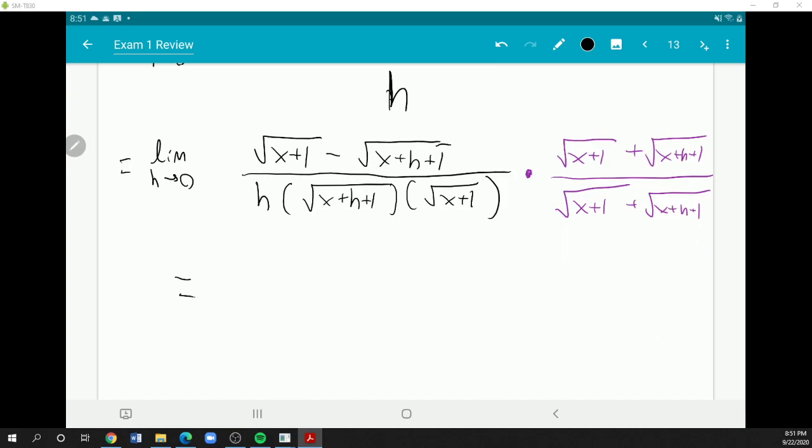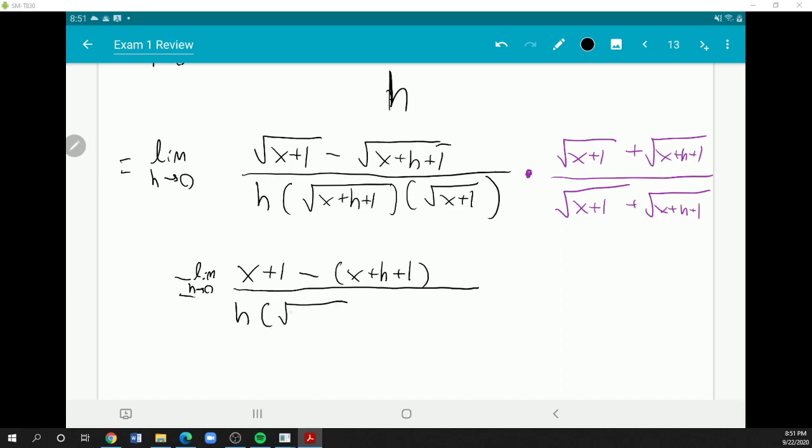And finally, I get limit h goes to 0, x plus 1 minus x plus h plus 1, because the thing on the left gets squared minus the thing on the right squared. Square of a square root is just the thing inside.